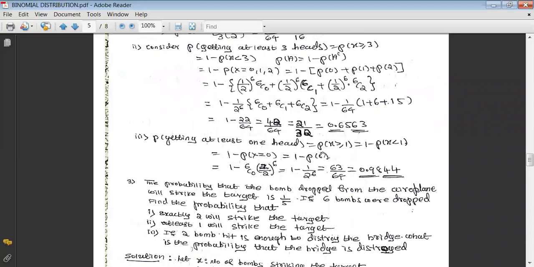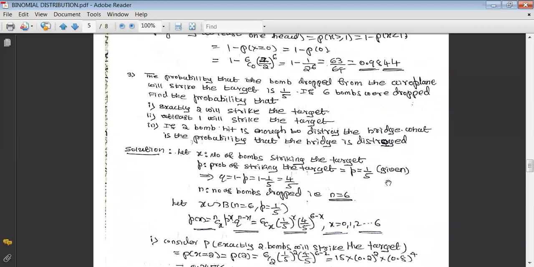Here we take x equals 0 to get P of 0. Simplifying, 6c0 is 1, and 2 raised to 6 is 64. Taking the LCM, 64 minus 1 is 63, or you can calculate directly with the calculator, and it results in 0.9844.